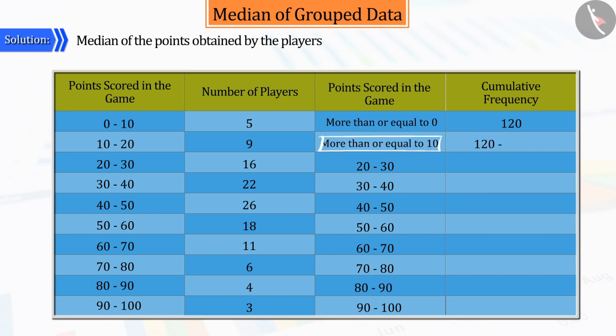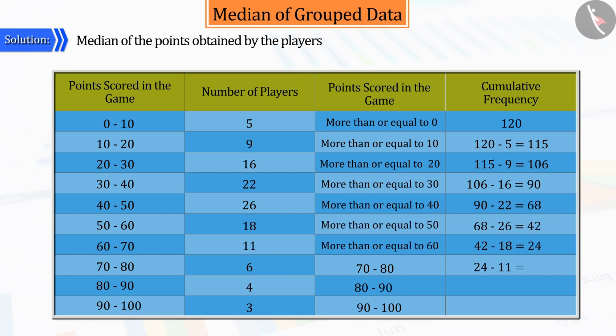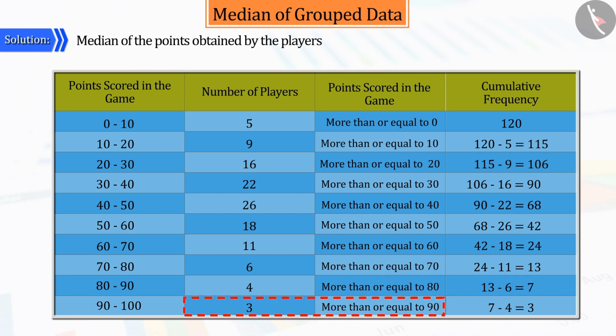Similarly, if we count the number of players who scored more than or equal to 10, then their number will be 115, because 5 players have already scored the points of the class before that, that is, the class interval between 0 and 10. In this way, we construct a cumulative frequency column in which the last row has the number of players scoring more than or equal to 90 points as 3.